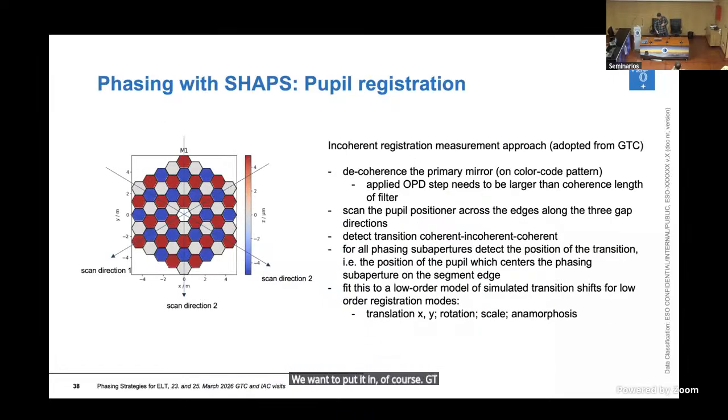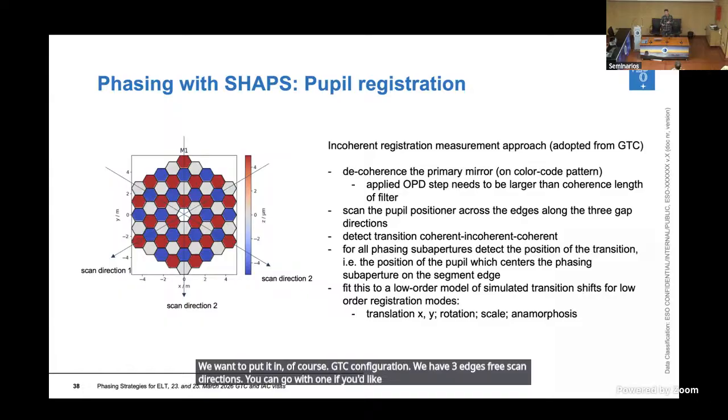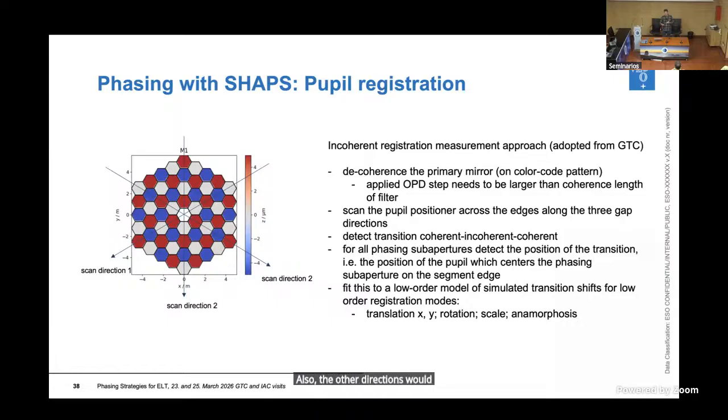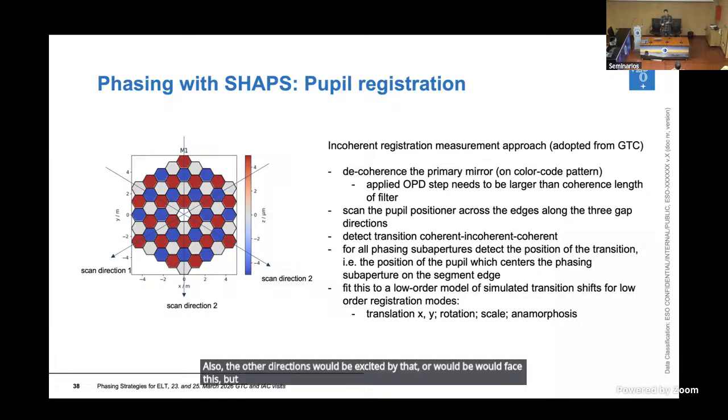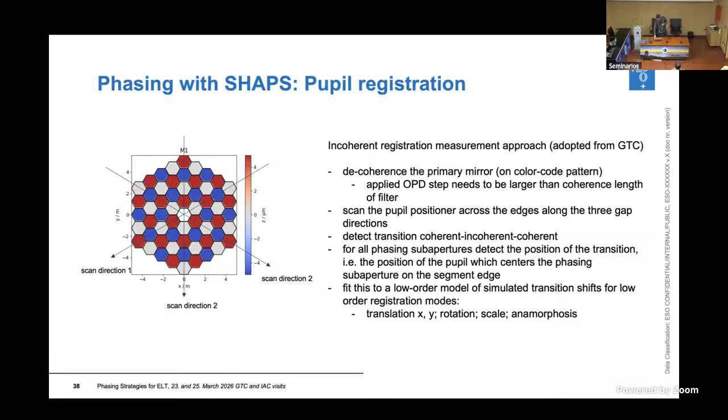In the GTC configuration, we have 3 edges, 3 scan directions. You can go with 1 if you like, because if you just move vertically, the other directions would also be excited by that, but they move a bit slower. The not so nice thing is, of course, that this is wavelength destructive.